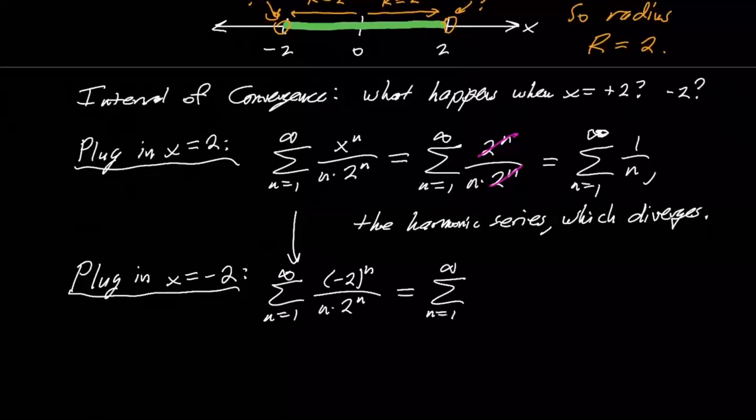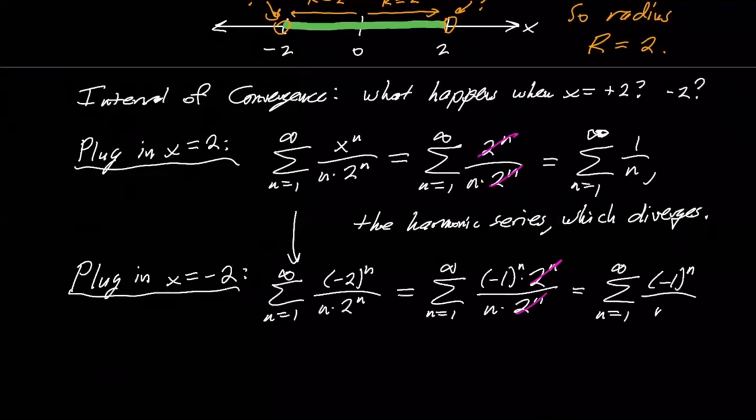One way I can think about this is I could break apart the minus 2 to the n as minus 1 to the n times 2 to the n, over n times 2 to the n. That's allowed as long as it's the same power, right? Now the 2 to the n's cancel again, and we get this sum, minus 1 to the n over n.